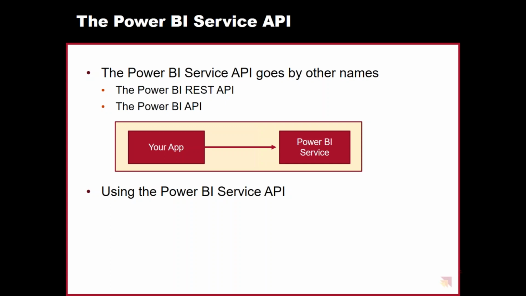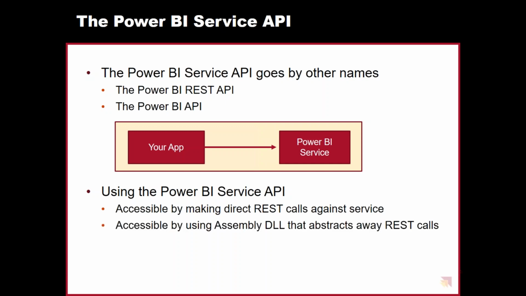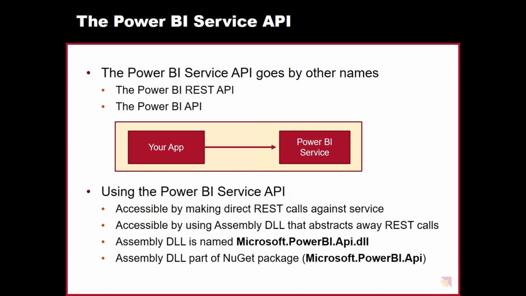Okay, now we're using the Power BI Service API. Once again, as always, it's been accessible by making direct REST calls against the service. However, now we have something new, and that's one of the things I'm going to demo, and that is there's a NuGet package you can add to your Visual Studio project to add this assembly. The assembly name is microsoft.powerbi.api.dll, and it's installed in a NuGet package of the same name.